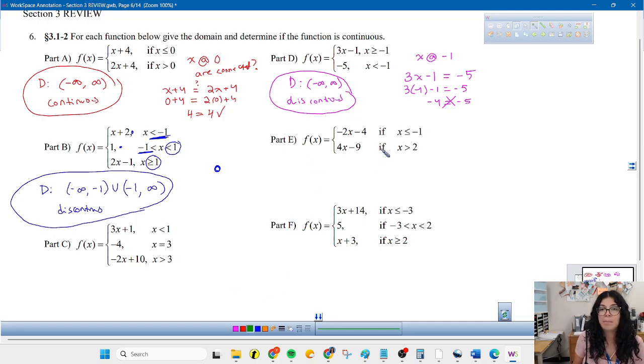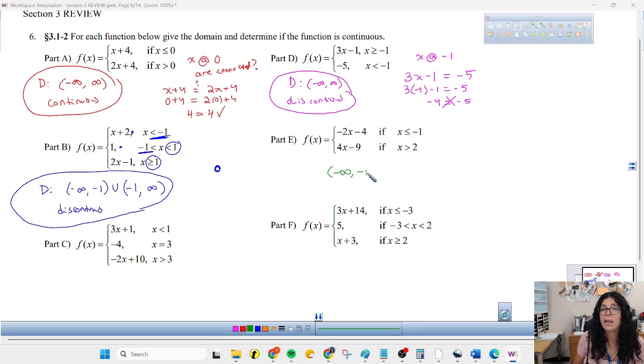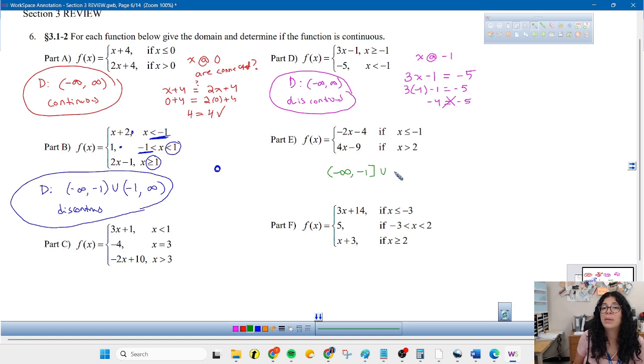Okay, next part E. Here's another one where, again, based on just looking at the domain, we can determine that there is going to be definitely a big break in the graph. We see that we have a line that's going to be used to the left of -1, so from negative infinity till -1, including the -1, but then we don't have anything between the x value -1 and 2.